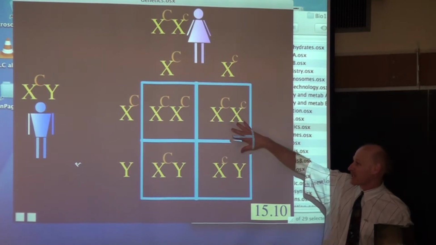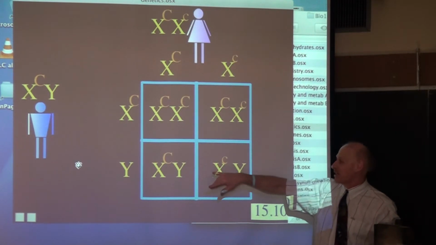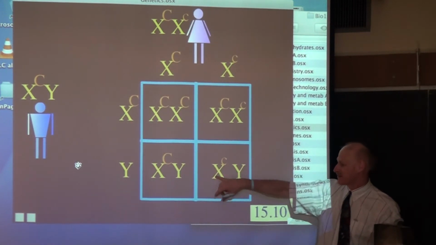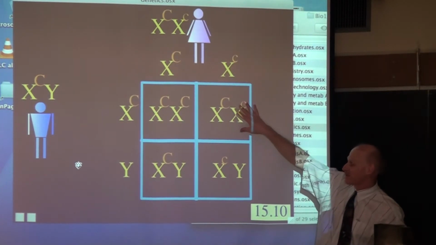So what we're seeing here is that for genes on the X chromosome, men tend to show the recessive phenotype more than females do.